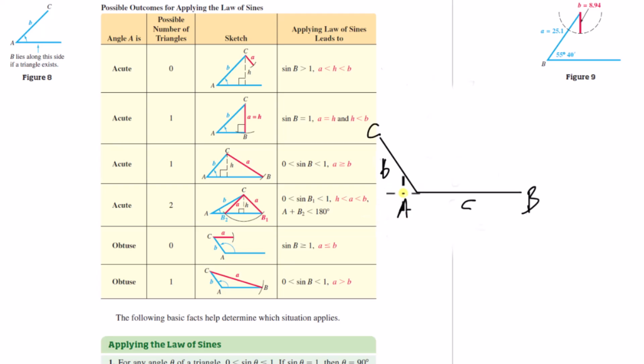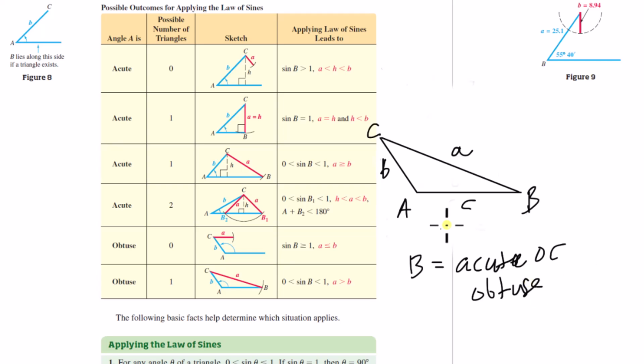It's pretty straightforward when you have an obtuse angle in the side-side-angle case. So here, you can still do the law of sines. In the not-possible case, you're going to get the sine of B is greater than or equal to 1. And in the possible case, you're going to get the sine of B is something between 0 and 1, but there are two possibilities that come out of that: B is equal to an acute or obtuse angle.